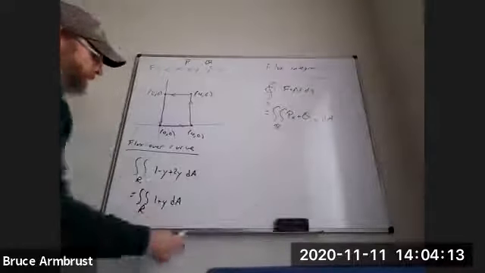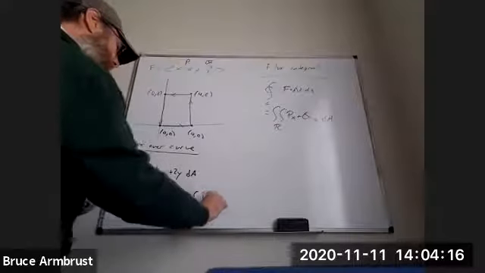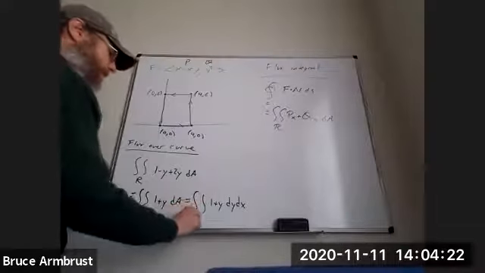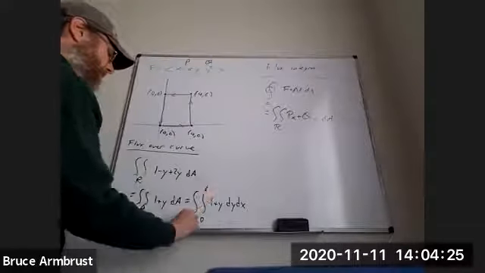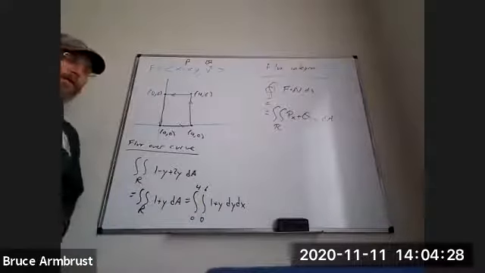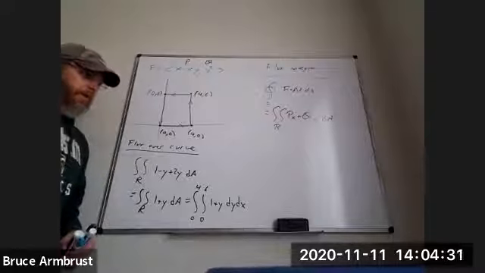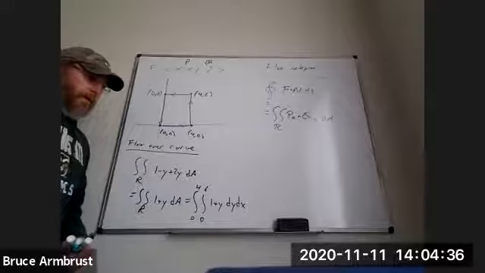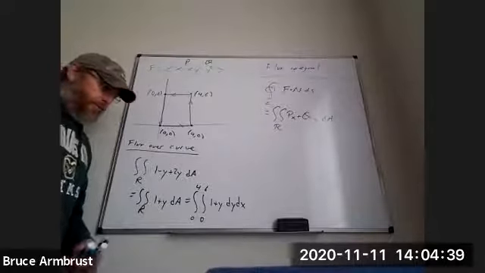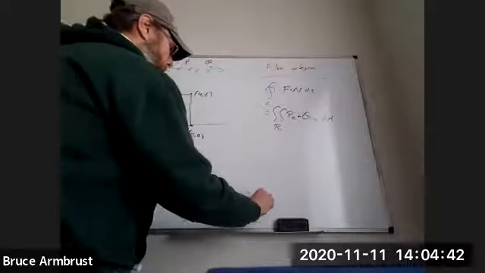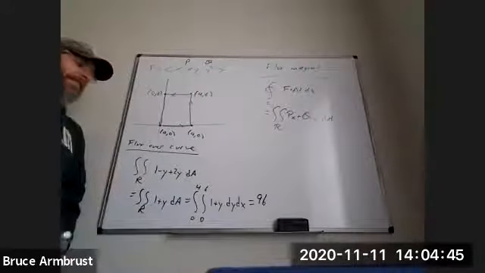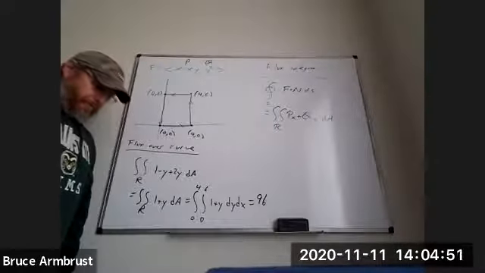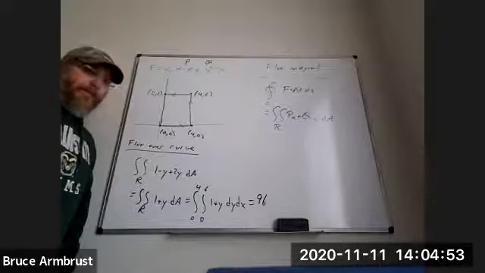Well, the region is still rectangular, so we can still set up that integral just as easily as we did before. So I think we did it a dy dx, doesn't really matter. The y's went from 0 to 6, the x's went from 0 to 4. Okay, so let's see, 24 times 4, I think, is 96. You should definitely double check me on that one. But I'm pretty sure that that's 96.